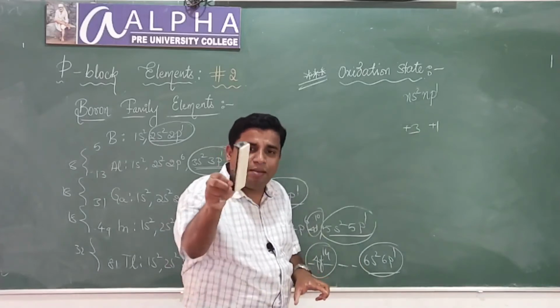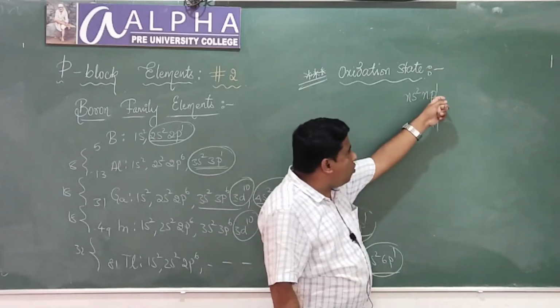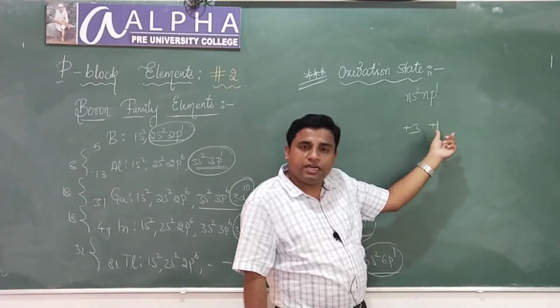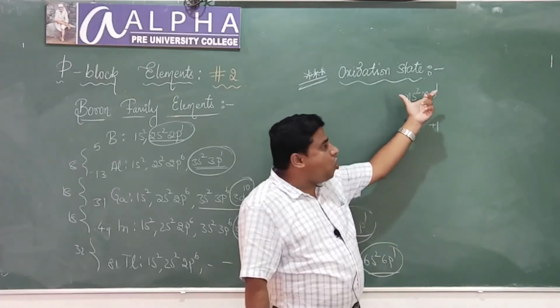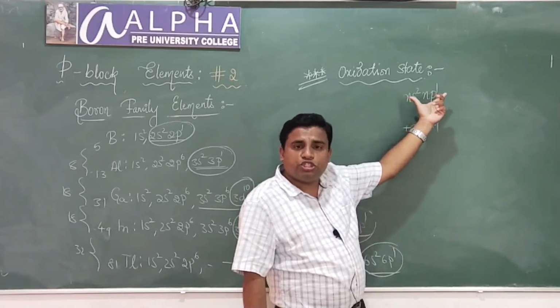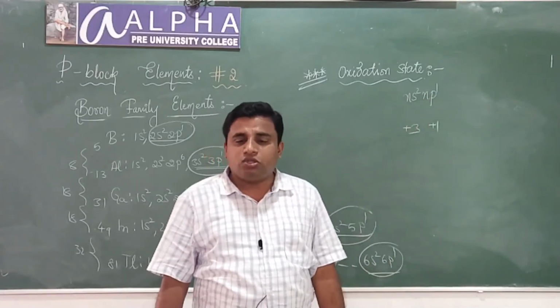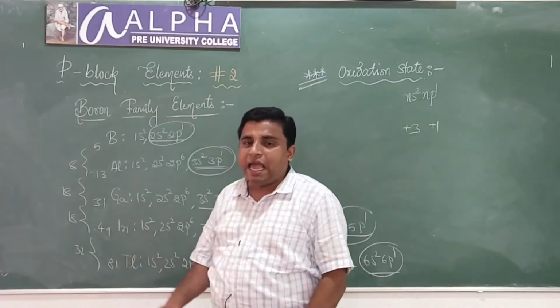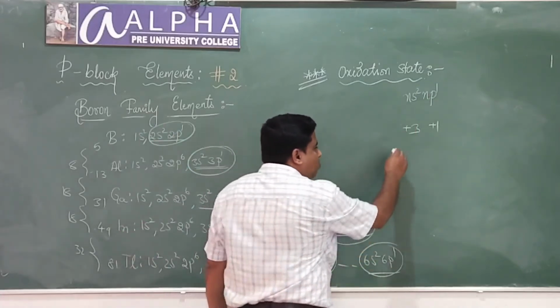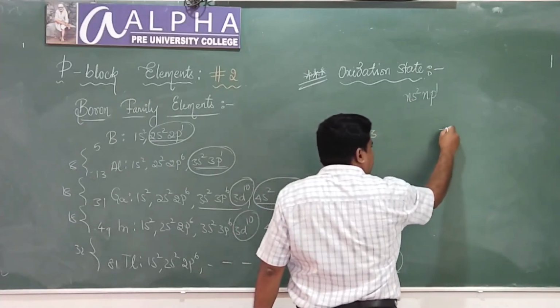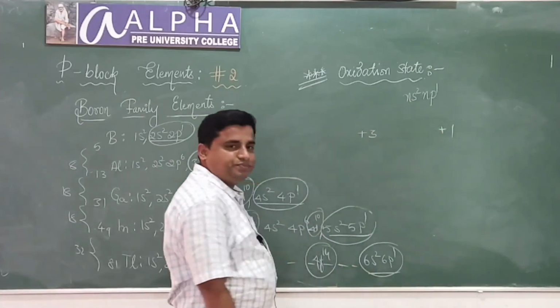They can lose the outer p electron and exhibit what? +1 oxidation state. They can lose all the 3 electrons of the outermost shell and exhibit what? +3 oxidation state. So boron family elements can exhibit +3 and +1 oxidation states.